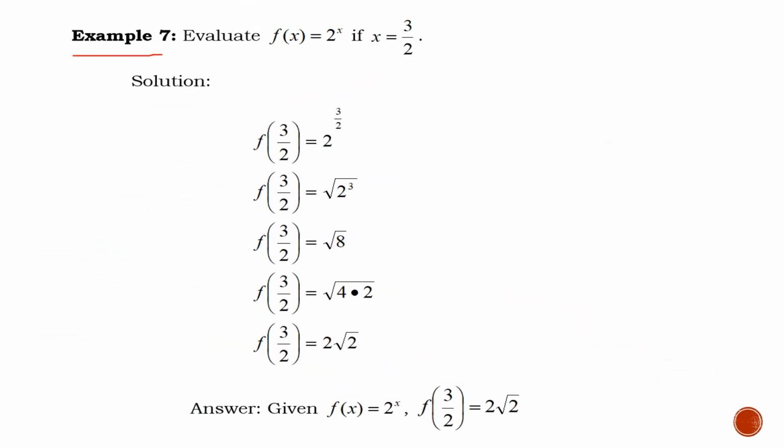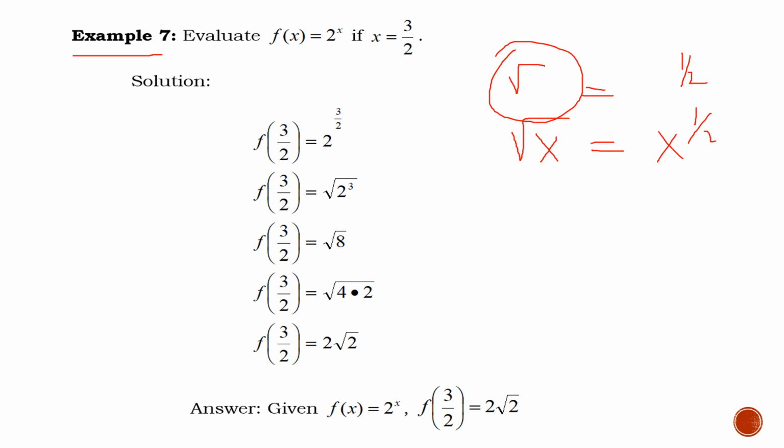So for example 7, same thing, there's a given function here, which is f of x is equal to 2 raised to x, if x is equal to 3 over 2. Your square root sign represents an exponent of 1/2. So if there's a given square root of x, that will be equal to x raised to 1/2.